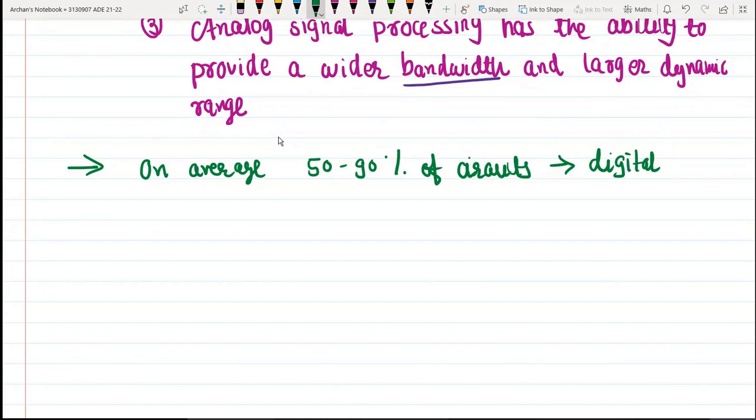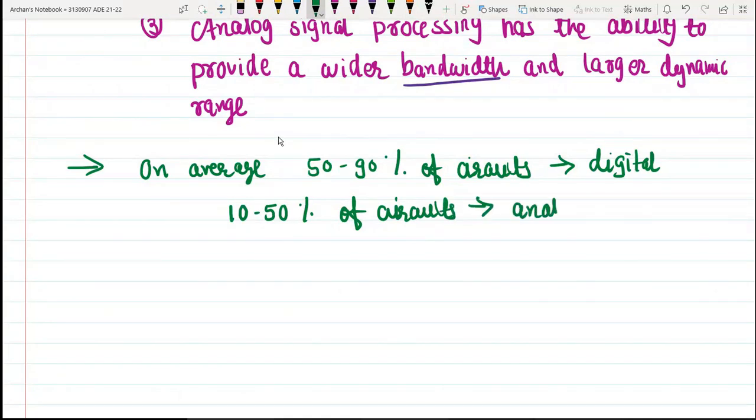Okay, you can see if 100% of electronic circuits are available in the market, then out of these, 50 to 90% of the circuits will be digital circuits, and only 10 to 50% of circuits in the market are analog circuits.